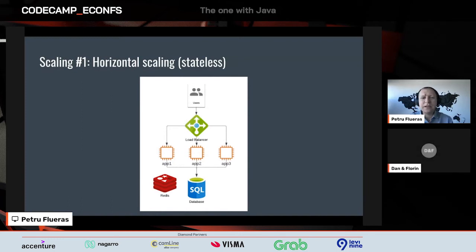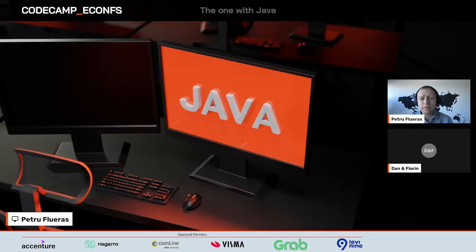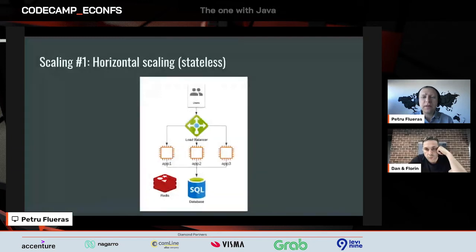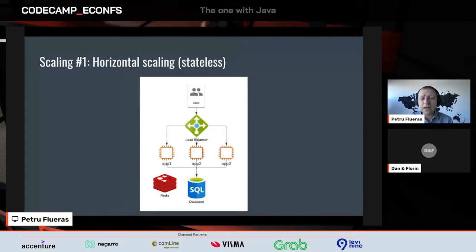The key point in this step is to have a stateless application. We need to externalize the HTTP session and put it in an in-memory store like Redis, because subsequent requests from users can be picked up by a different app server.